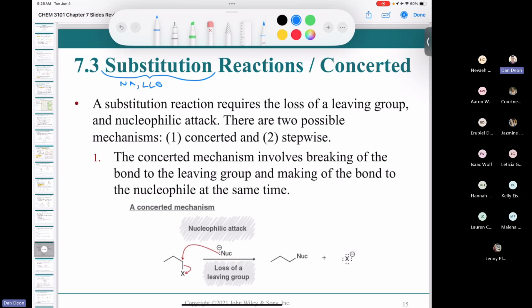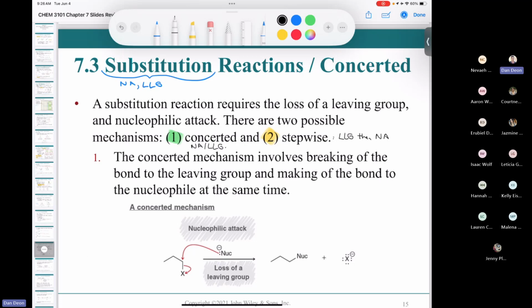However, there's two possibilities. They can happen in a concerted fashion or they can happen in a stepwise fashion. Concerted means that both curved arrows are drawn at the same time. So in a concerted process, you would have nucleophilic attack and loss of leaving group occurring simultaneously, whereas in a stepwise version, you would have loss of leaving group, then nucleophilic attack.